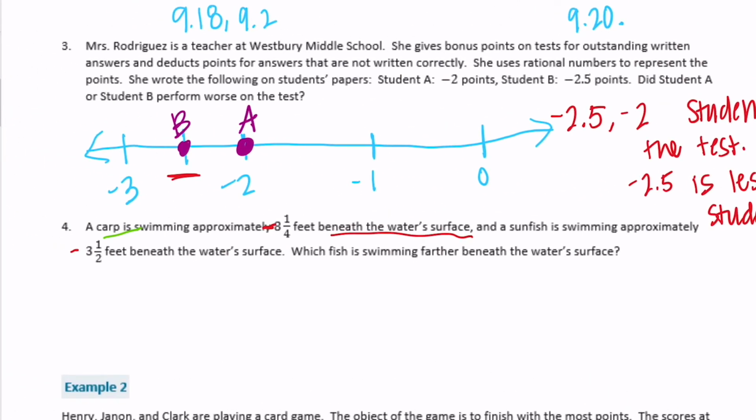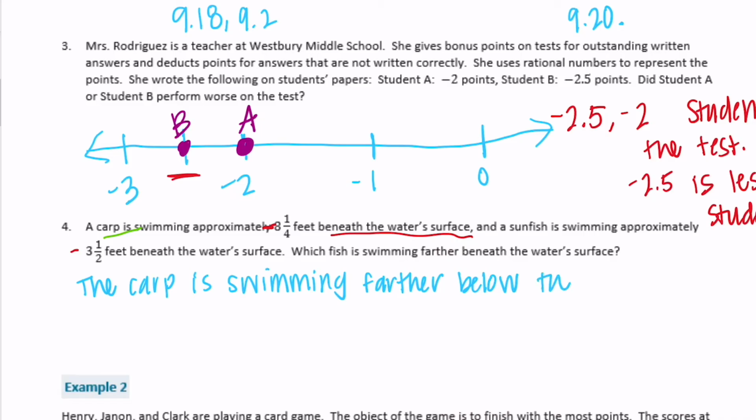So we can say the carp is swimming farther below the surface than the sunfish.